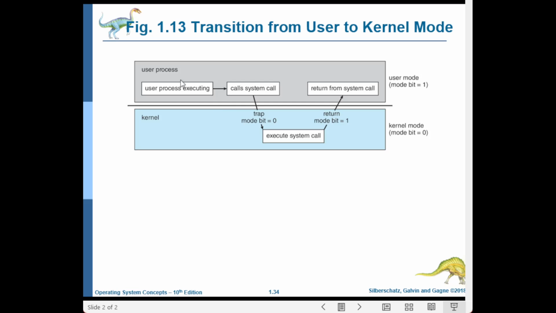So from this user process where the user mode is set as 1, remember that when the user process triggers a system call, it gives a software interrupt, known as a trap here. So the trap will change the mode bit from 1 to 0.